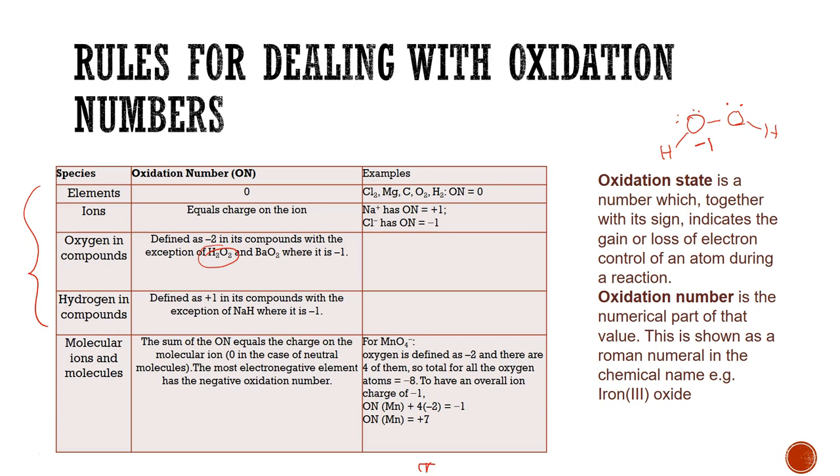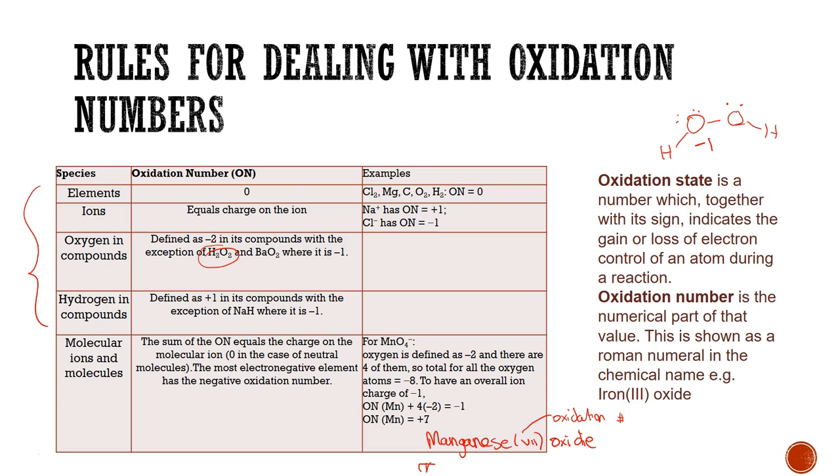So in this case, I could write this compound as manganese 7 oxide. And in this case, this is my oxidation number, and the oxidation state would also be +7.